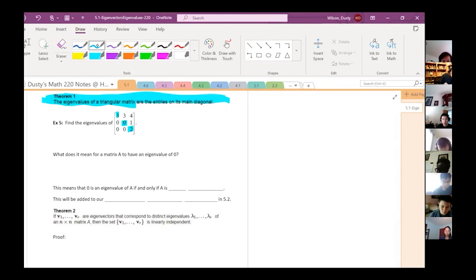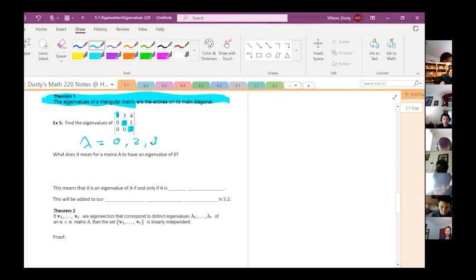So in this case, our eigenvalues would be 0, 2, and 3. In this case, I've listed them in increasing order. Sometimes you might list them in decreasing order. So it's easy to find eigenvalues of triangular matrices.